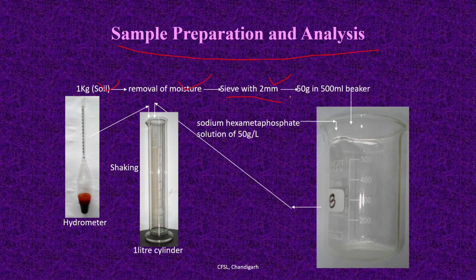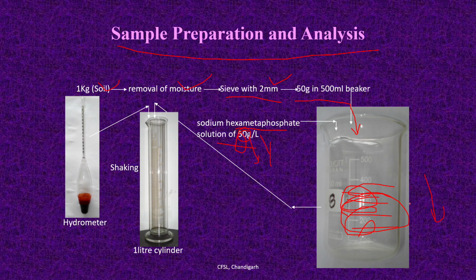Then the solution of sodium hexametaphosphate is prepared by dissolving 50 grams of sodium hexametaphosphate in 1 liter of water. Then put the soil in this beaker and keep it overnight.